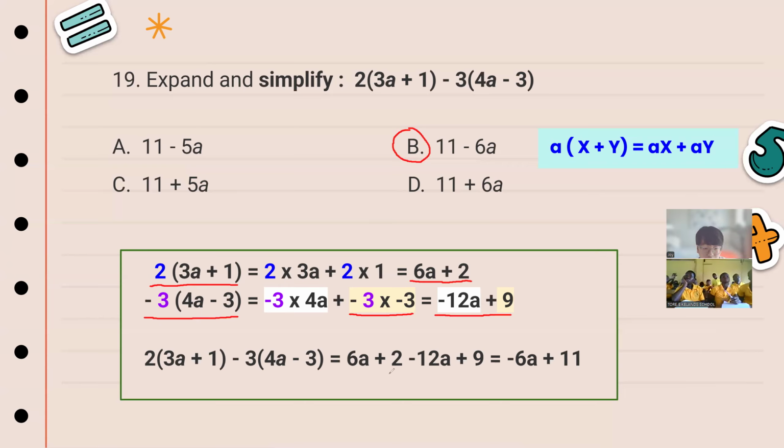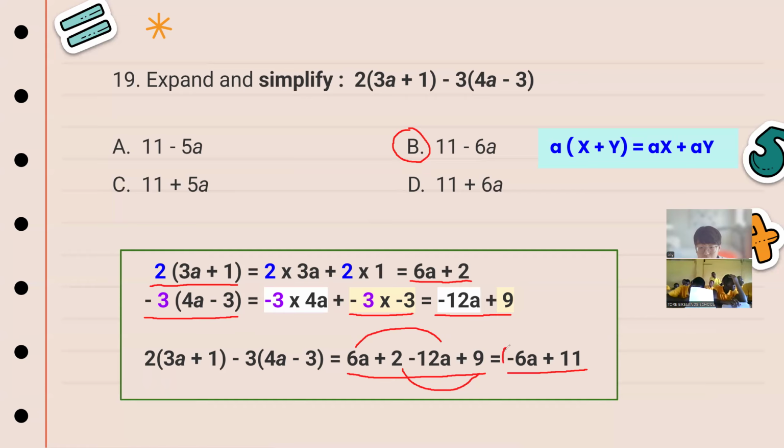And then we add these together: 6a plus 2 minus 12a plus 9. Then we add like terms. 6a minus 12a is negative 6a, and 9 plus 2 is 11.